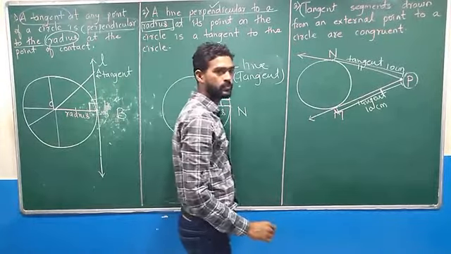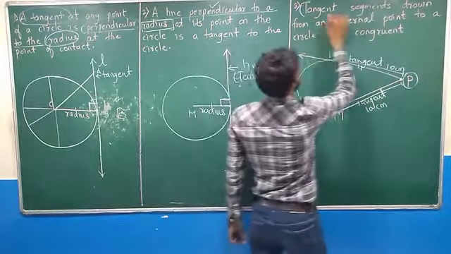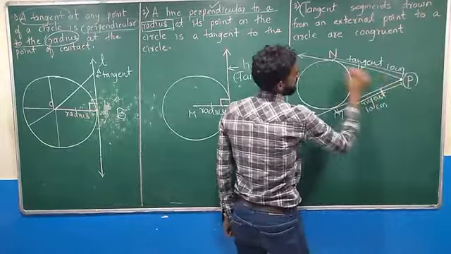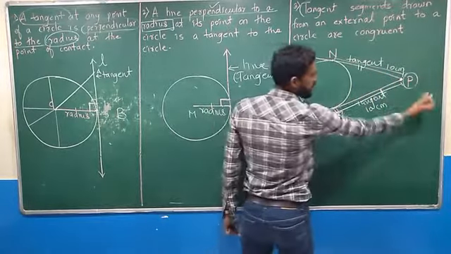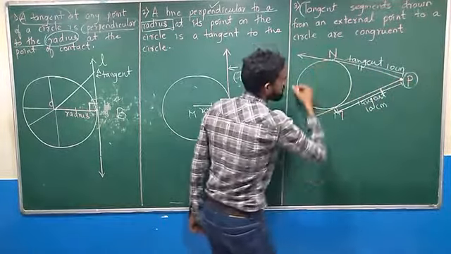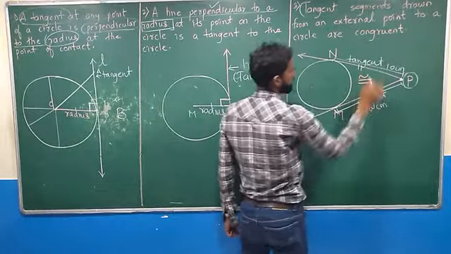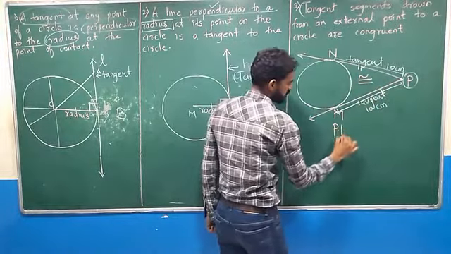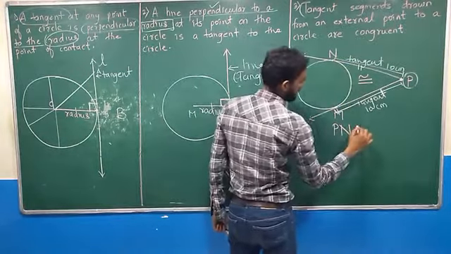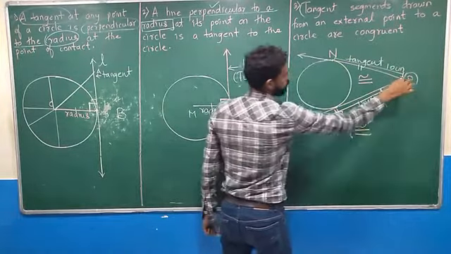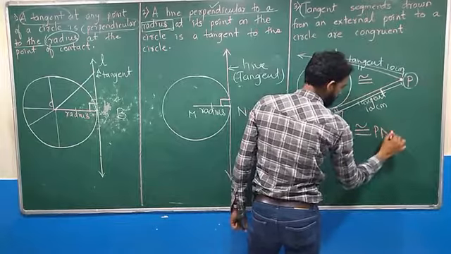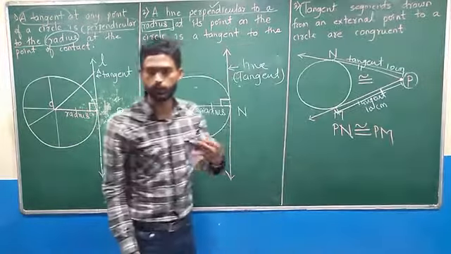Clear everyone? So the property becomes: tangents drawn from an external point to the same circle are congruent. It means tangent PN is congruent to tangent PM.